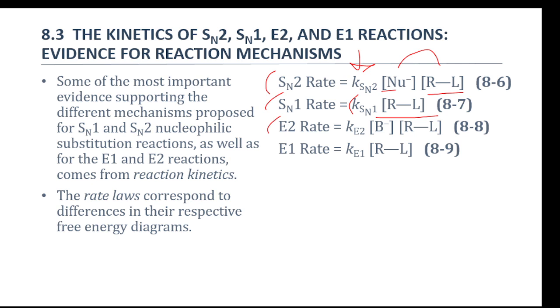If we go to an E1, though, does our slow step depend on anything colliding with anything? No, it doesn't. It just depends on how much of that substrate we have. How often is that leaving group going to leave, right? That's all that matters. And so those are the rate laws.